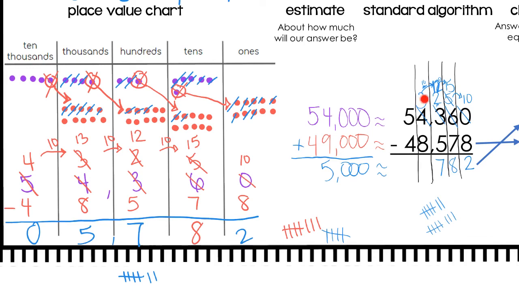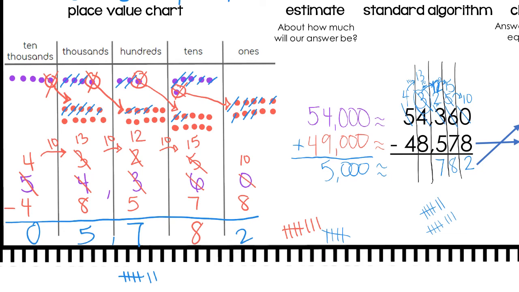Then we go to the thousands. I only have 3 in the thousands now. So 3 minus 8. Oh, can't do it. Nope. I gotta come to the ten thousands. Now there's 4 ten thousands. I'm regrouping 10 more. 10 and 3 is 13. 13 minus 8.